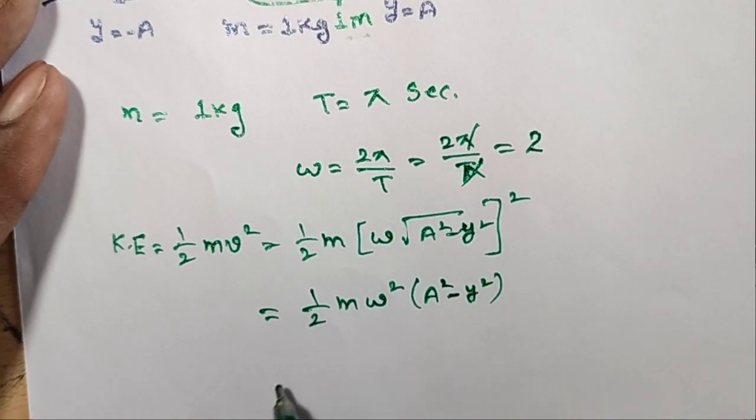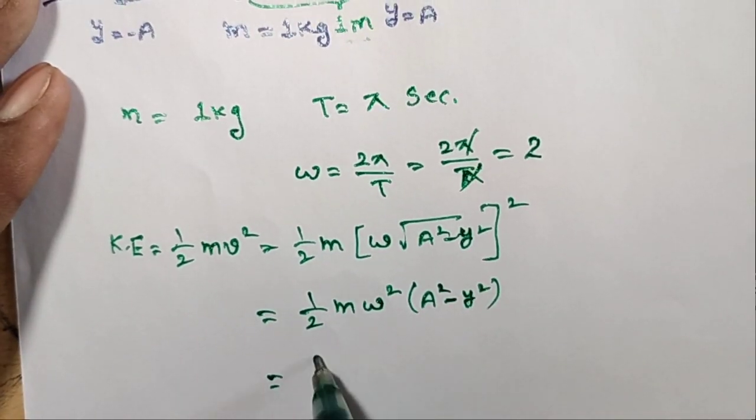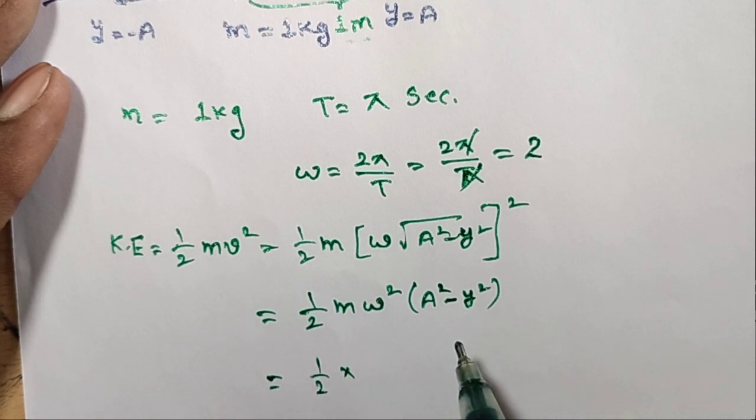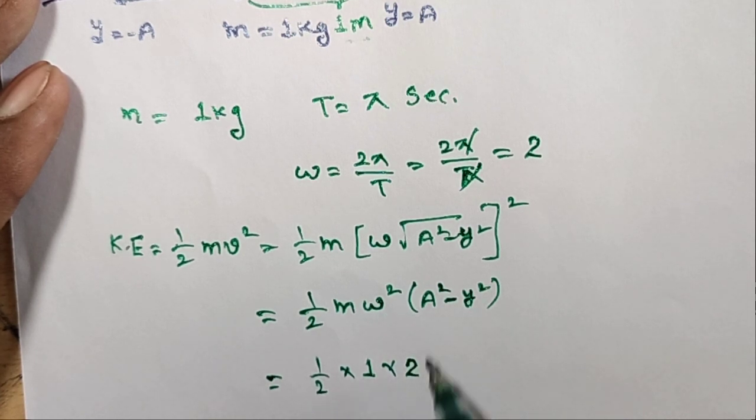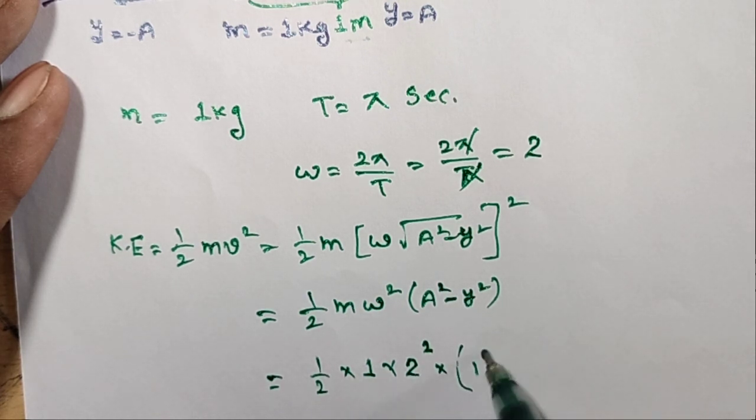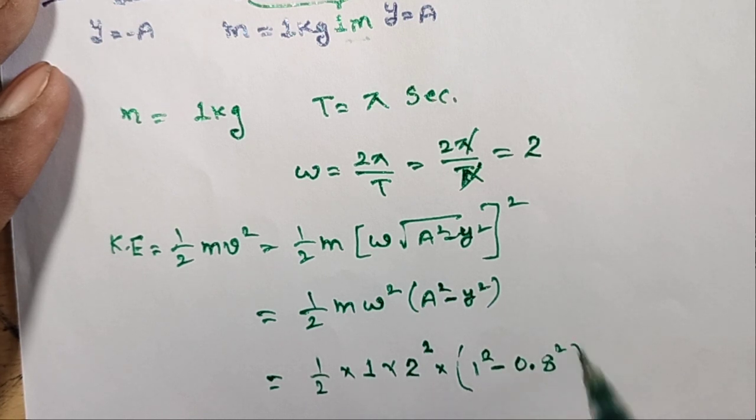Here, m is the mass of the particle, that is 1. Omega is equal to 2, so omega square is 2 square. The amplitude a is 1, so a square is 1 square, and y is the displacement 0.8, so y square is 0.8 square.